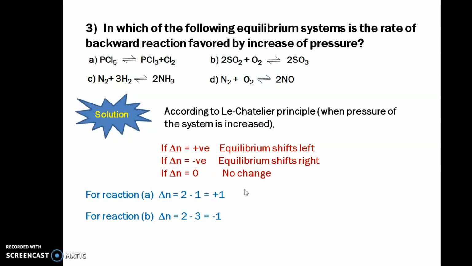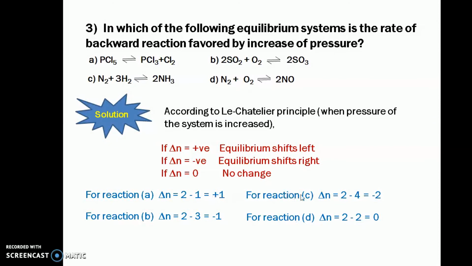So, 2 minus 3 total, it becomes minus 1. For the third reaction, 2 moles of product minus 3 plus 1, 4 moles of reactants. So, 2 minus 4, it becomes minus 2. Similarly, for the fourth reaction, 2 moles of product minus 2 moles of reactants. So, 2 minus 2 is equal to 0.